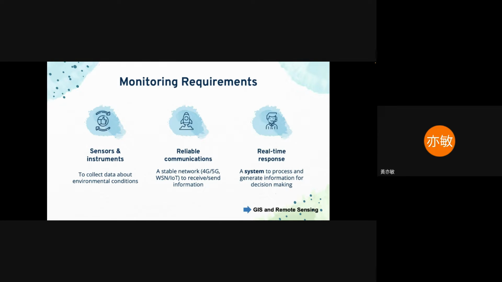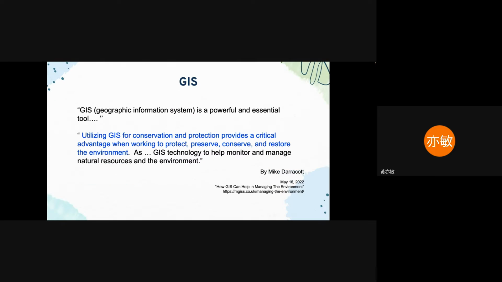So after answering these three simple questions, the next step is to consider how we set up our monitoring system. When we talk about the technology used today for monitoring, we will highlight GIS. In a short sentence, I just quote from Mike Derricott: GIS is a powerful and essential tool, because when we utilize GIS we can provide useful information.